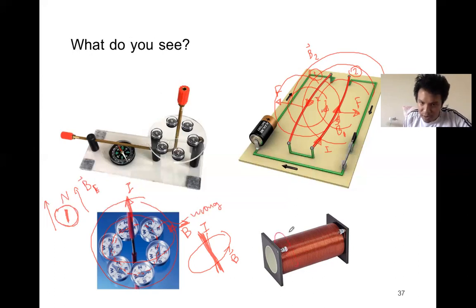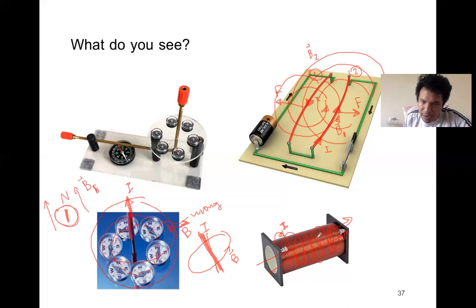And for this one, we call this the solenoid. From this solenoid, many phenomena occur, because if I input the current into this coil, it will generate a magnetic field within the coil.